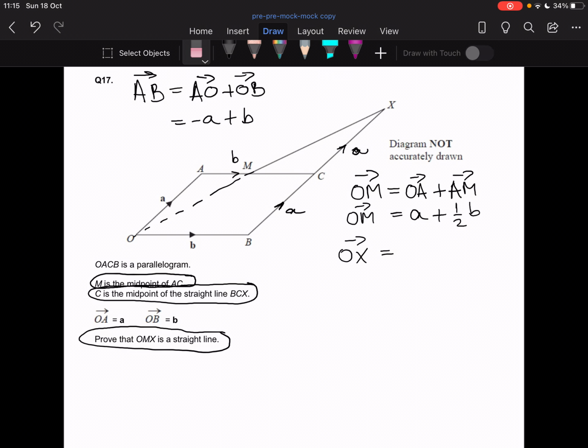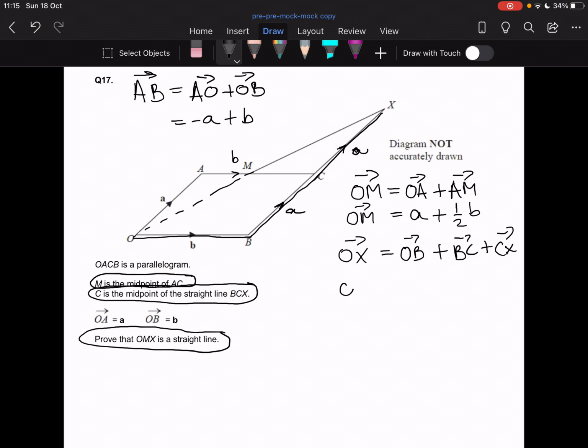Okay, so I've got that bit as well. So now I'm telling the examiner that to get from O to X, I'm going to go from O to B, then from B to C, and then from C to X. I could have said the BX in one go, because that would be equal to 2A, but I just want to do it bit by bit, so hopefully you guys can follow along nicely.